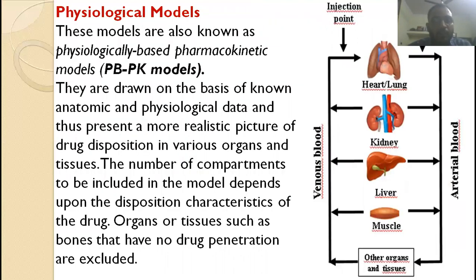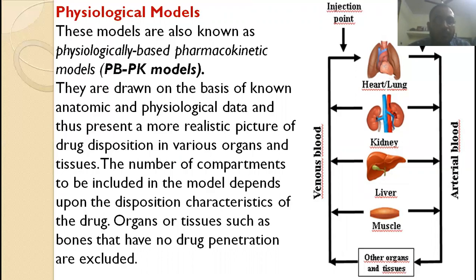And the second model of pharmacokinetic modeling is the physiological model. These models are also known as physiologically based pharmacokinetic models. They are drawn on the basis of known anatomic and physiological data and thus present a more realistic picture of drug disposition in various organs and tissues.